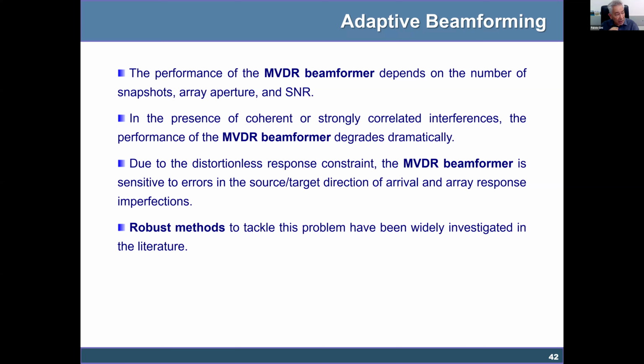If there are correlated sources, the covariance matrix tends to be either not full rank or ill-conditioned. So when you calculate the inverse, you may be in trouble. And you will see, through numerical examples, that if some sources or some interferences are correlated, the Capon beamformer does not work well. So this is another case where it's better to use a suboptimal but more robust beamformer like the classical beamformer.